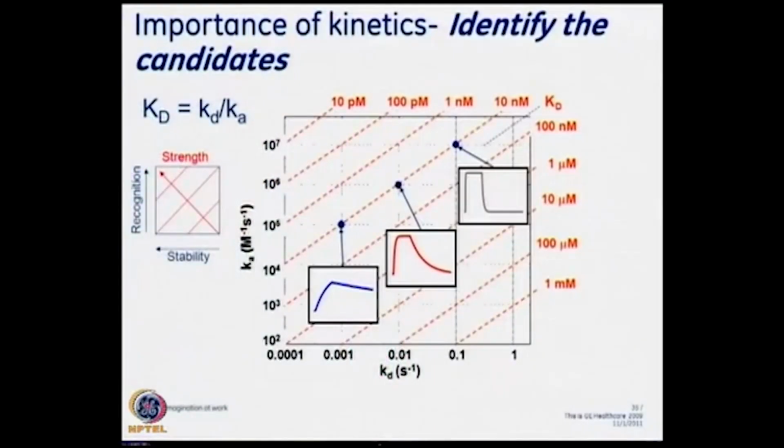So if you look at this slide, you have 3 interactions which are captured. You have interaction 1 which is captured in blue, interaction 2 which is captured in red, and interaction 3 which is captured in black. The important thing about all these 3 interactions is that they have the same affinity. They have varying K on and K off, but they have the same affinity.